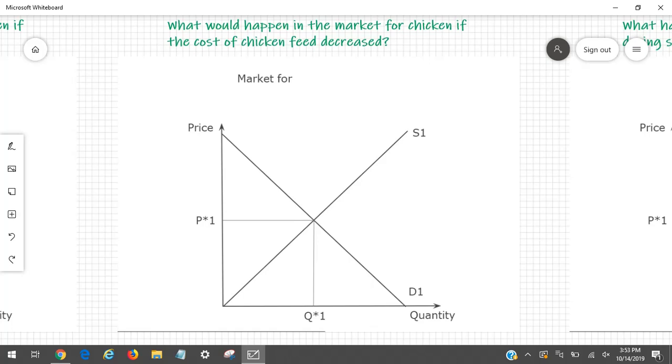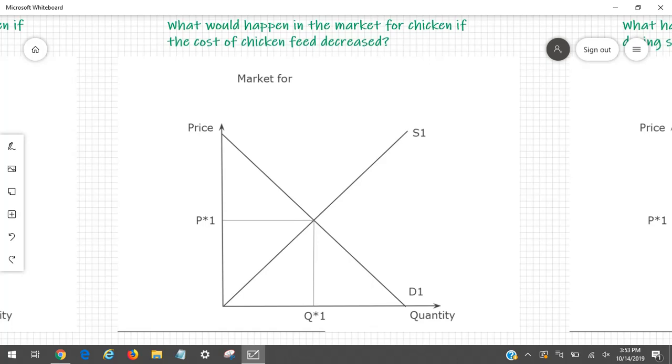And chicken feed is an input in the production of chicken. You have to feed chickens in order to ultimately sell them in the market. So we're talking about a change in the price of an input, and that's going to shift the supply curve for chicken.